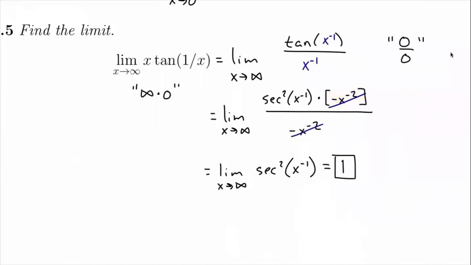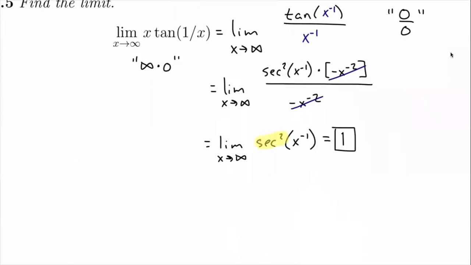The negative 1 comes down from the power rule, and we subtract 1 from it to get negative 2. And the denominator, same. Negative x to the negative 2 is our derivative. Interestingly enough, there's a factor of each of these in the numerator and denominator, and we see that they've been canceled in this work already. So they're out. We're taking the limit as x approaches infinity of secant squared of x inverse.